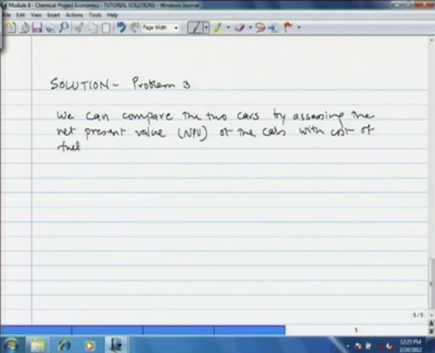The cost of car is like fixed capital investment, and the cost of fuel is equivalent to the total production cost.